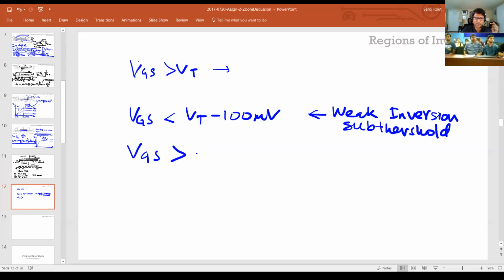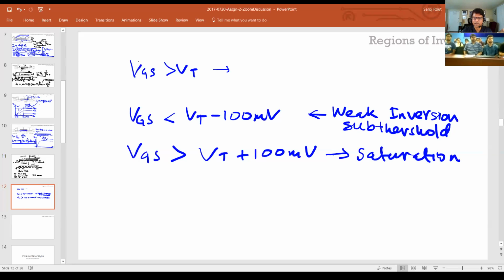And for VGS greater than VT plus 100 or 200 millivolts, this is not a hard and fast rule because it's very gradual depending on how you operate it. This is called the saturation. Oh, sorry, that's for the VDS. This is called strong inversion. A lot of time people just say active region.